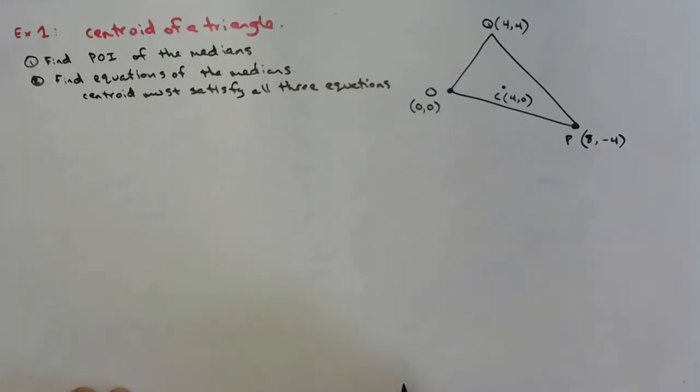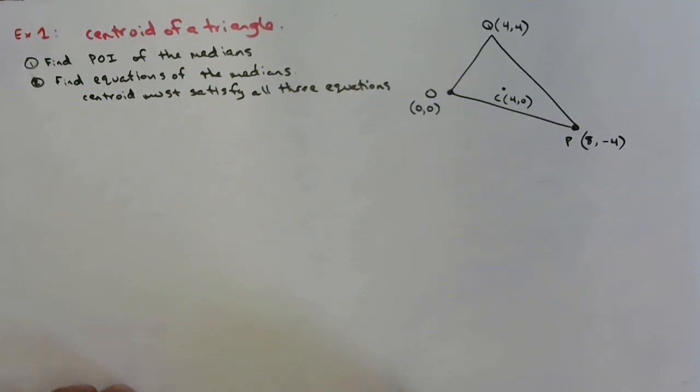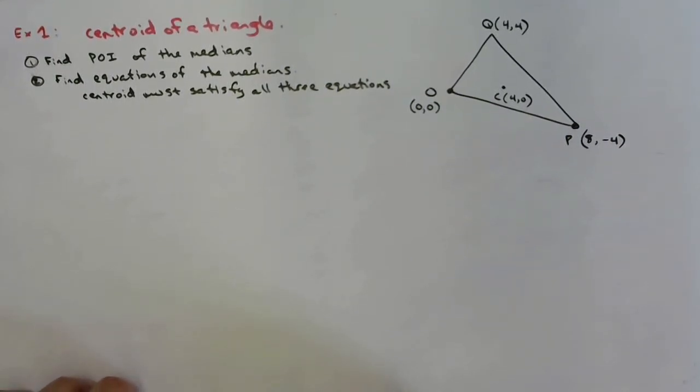If it satisfies 2 of the equations, it must be the intersection of those 2 lines. There's only one point that could possibly satisfy 2 equations. It's the intersection. If it satisfies all 3 of the equations, then I've double checked already and confirmed that it's going to be the centroid. Because there's only one point that all 3 lines go through. It's the centroid.